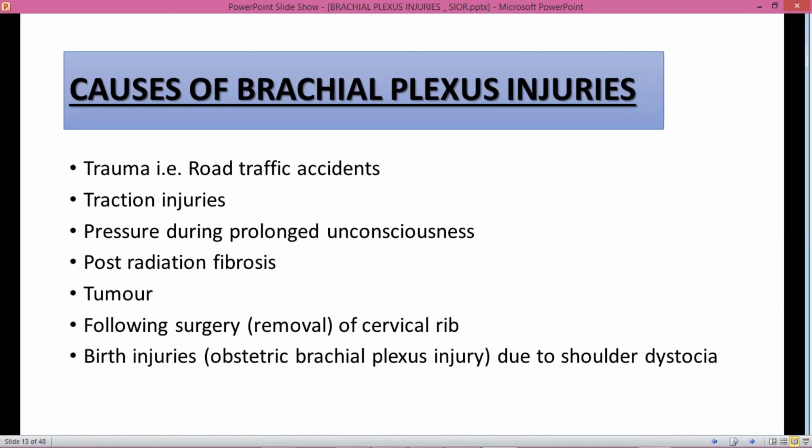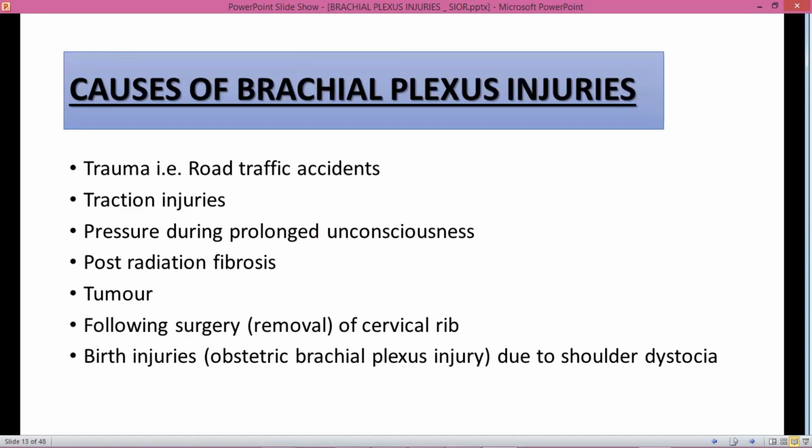This is the most common form of injury. Usually we see that when a car hits a divider and the person falls off the car, the head goes in one direction and the shoulder depresses. So basically, the head and the shoulder get separated from each other, which puts a push on the brachial plexus.